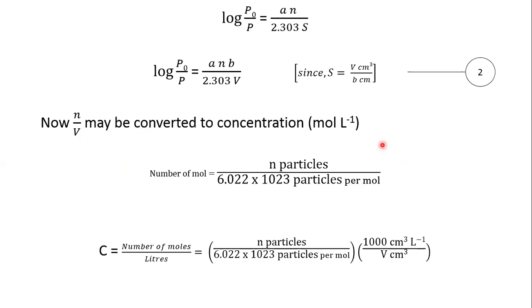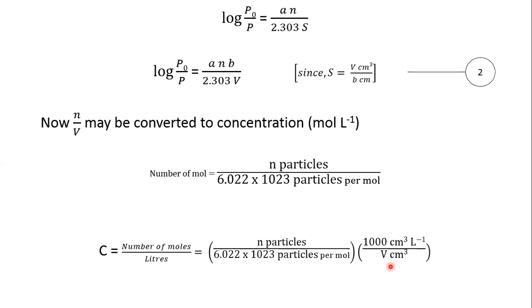So concentration becomes the number of moles divided by volume in liters. The number of moles is N upon 6.022 into 10 to the power 23, whereas volume in liters can be written as V by 1000, so that becomes 1000 by V when it flips.